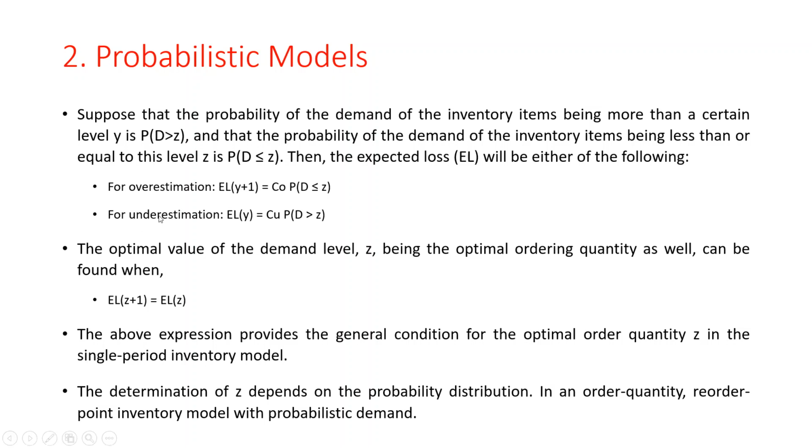For overestimation, the probability is D less than or equal to Z, where the demand of the inventory item is less than or equal to the level Z.